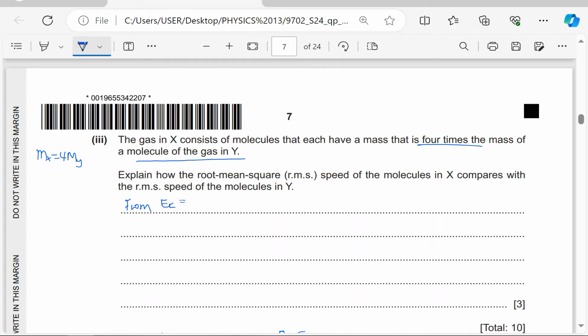So I'll simply say from Ek equals 3 over 2 times kT, the mean kinetic energy of molecules is directly proportional to the absolute temperature.